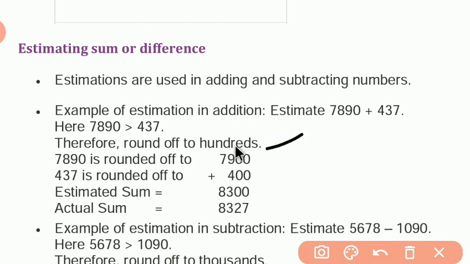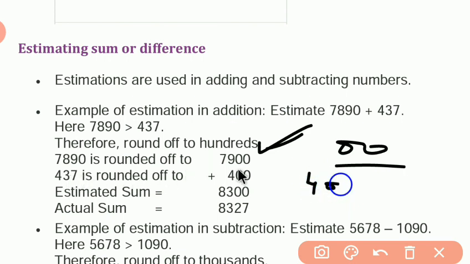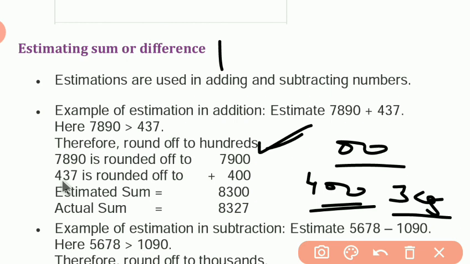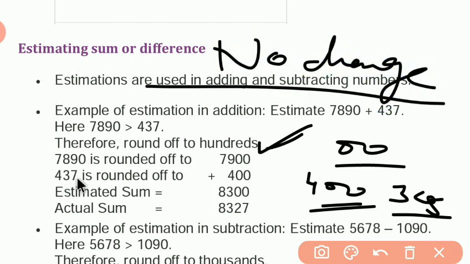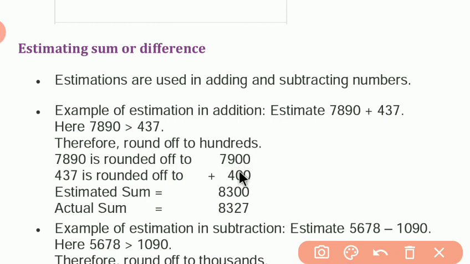437. This one also we have to round off to the nearest 100. So we know that 100 has how many zeros? 2 zeros. So we have to replace the last two digits by double 0 and we have to see its tens digit. And the tens digit here is 3, which is less than 5. It means we have to write 4 as it is. So 400 is near to 437. After changing into rounded figures, we have to add.